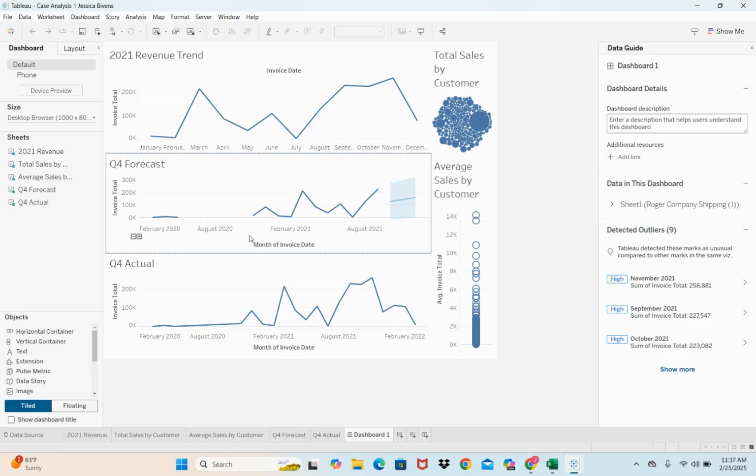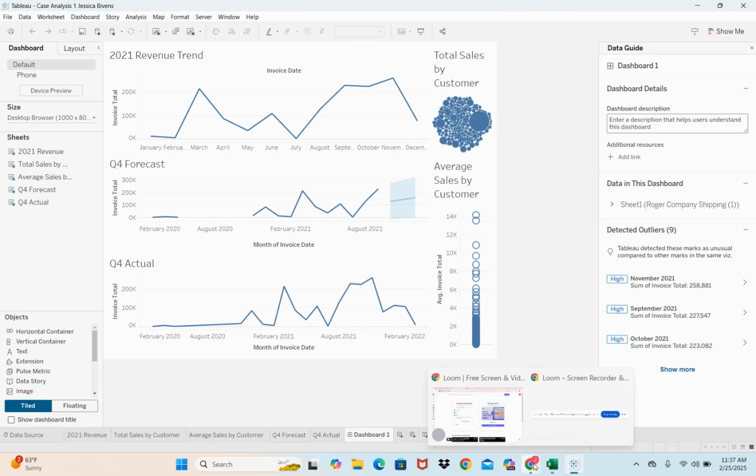So, although the forecast is helpful, there are some weaknesses in the forecasting model that should be recognized, considered, and discussed. One major limitation is that Tableau relies entirely on historical data, which means that it doesn't account for external factors such as economic shifts or supply chain disruptions.